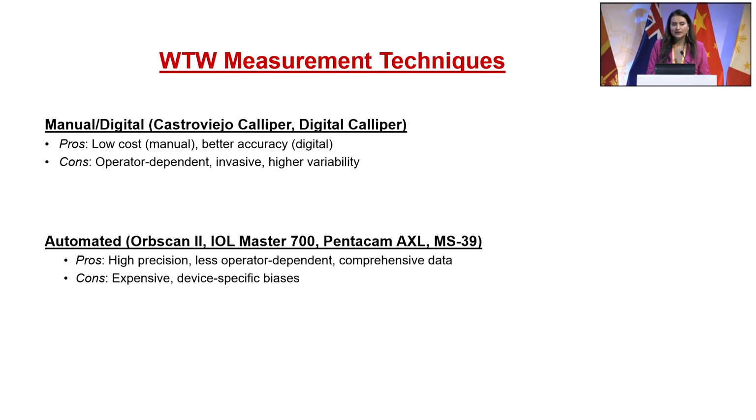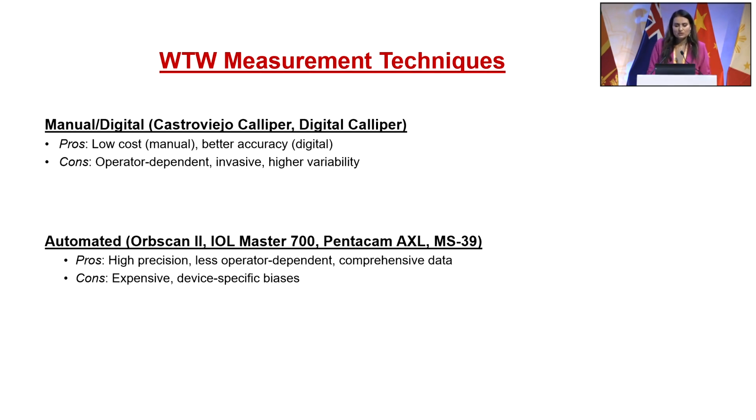The manual calipers have, of course, some advantages, that it's low cost. However, the accuracy can suffer. Now you have the digital calipers also. With the digital caliper, the accuracy is better. However, both methods are operator dependent and thus can have subjective variations. We also have automated systems such as the OBSCAN 2, the IOL Master 700, the Pentacam, and now the MS39.